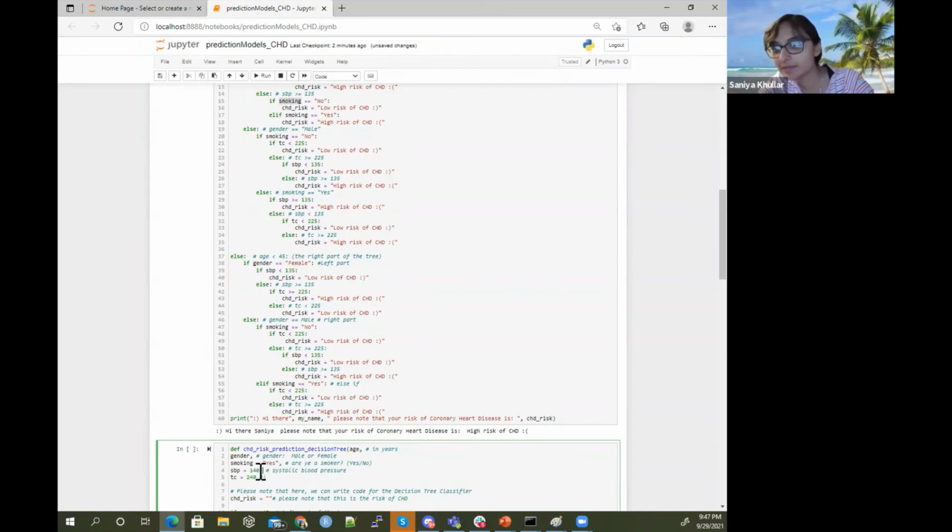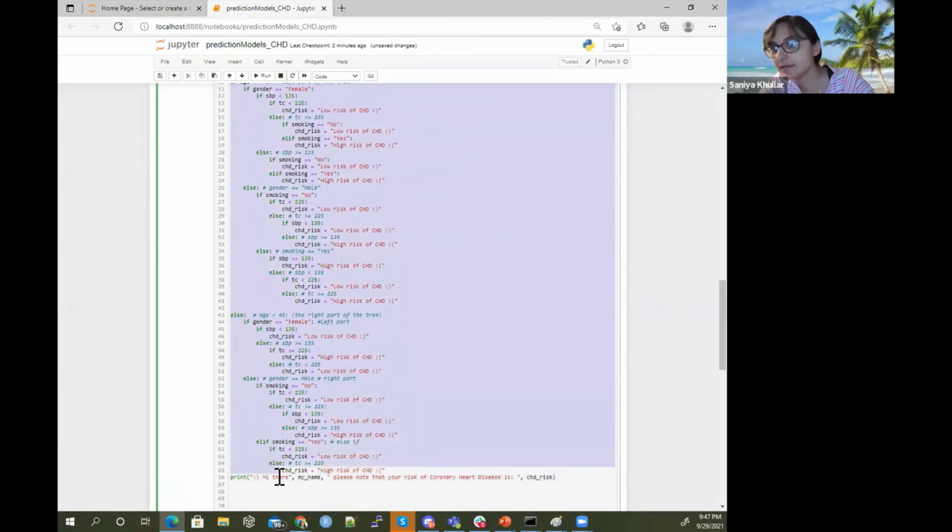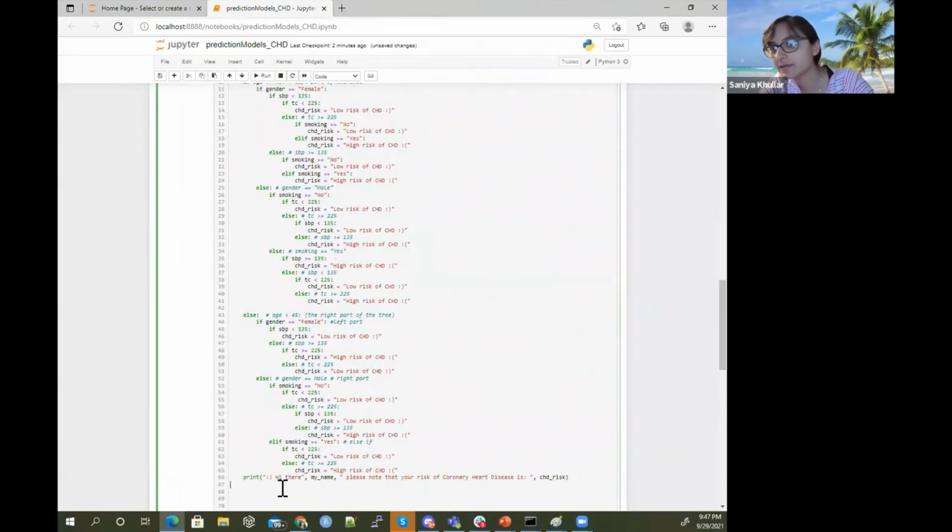And we have systolic blood pressure. And then we have total cholesterol here. And then smoking, we'll just have this here. We don't need any defaults per se. And so these are the variables that we are using. And then you can return this variable called CHD risk.